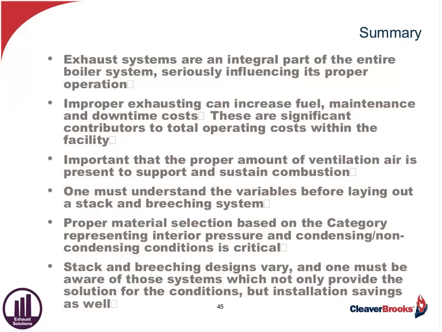If it's over 7 feet, you'd divide by 500, and that would give you the cross-sectional area. You would then divide that in half and put 1/2 of that opening on one side of the boiler room and 1/2 on the other, 7 feet or lower.